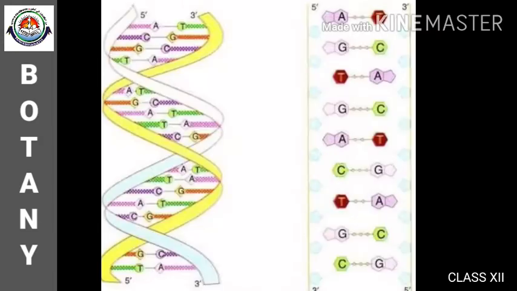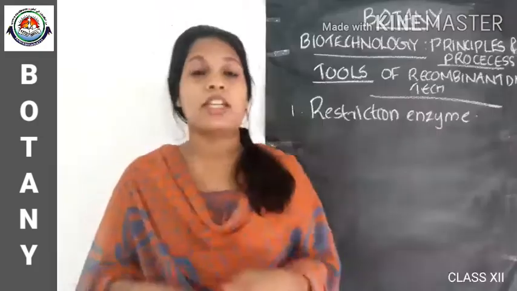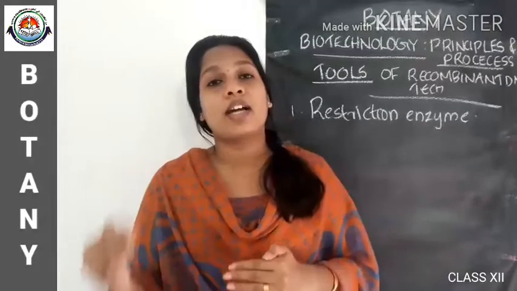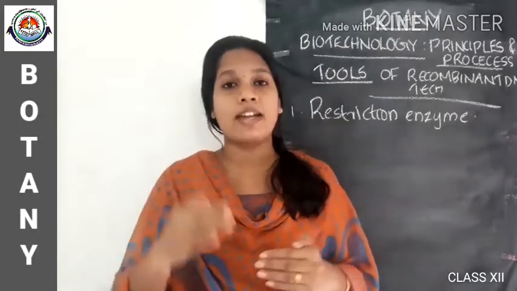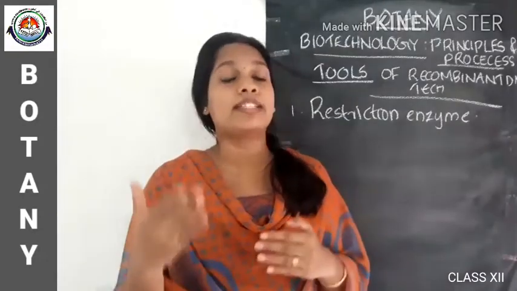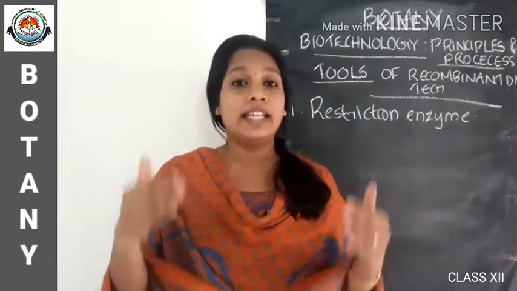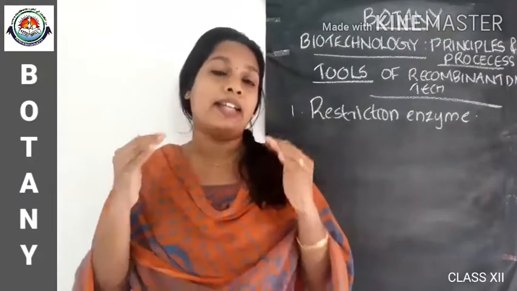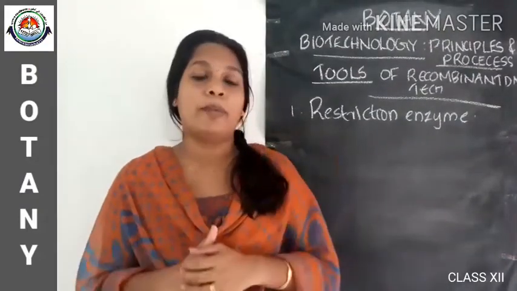The polynucleotide chain of DNA has a 5' end and a 3' end. This is the detailed structure of a DNA, and you will study more detail in your genetics class. Okay, this is enough for this chapter.